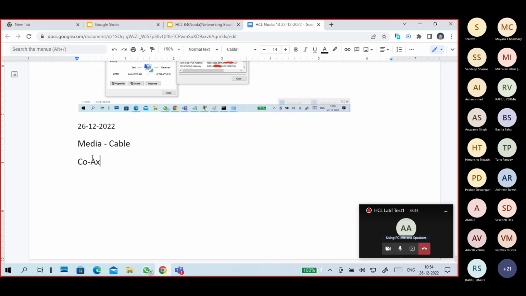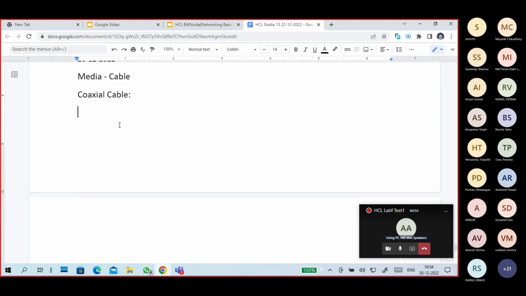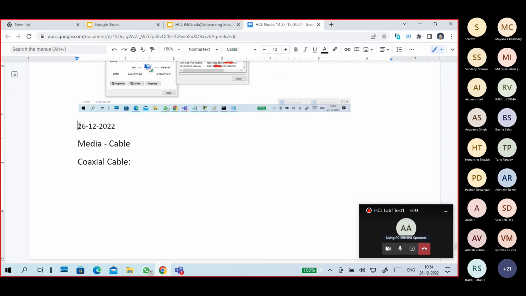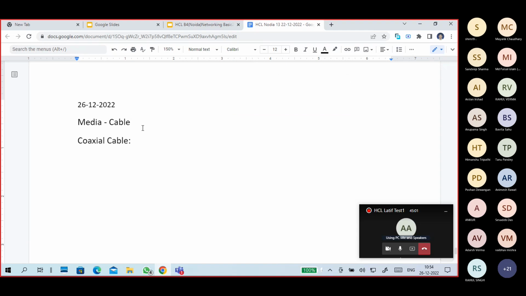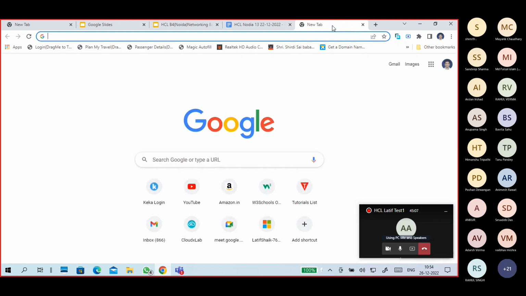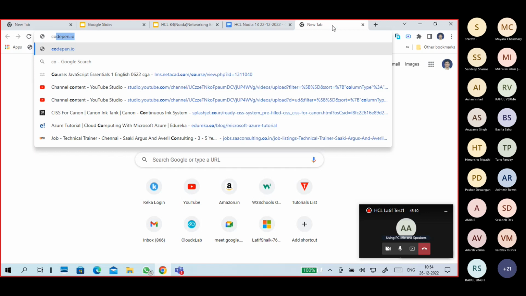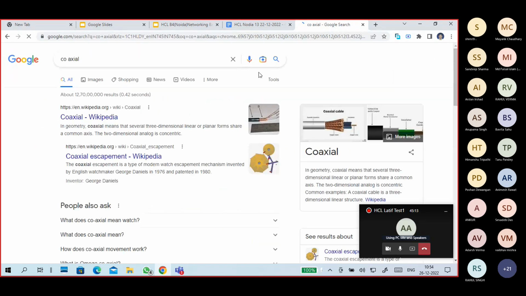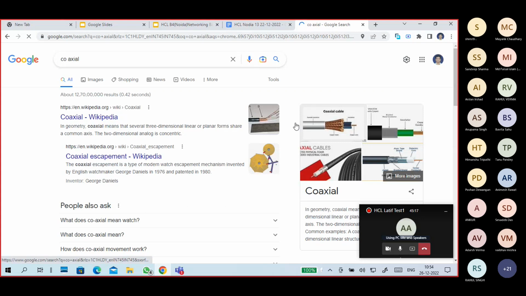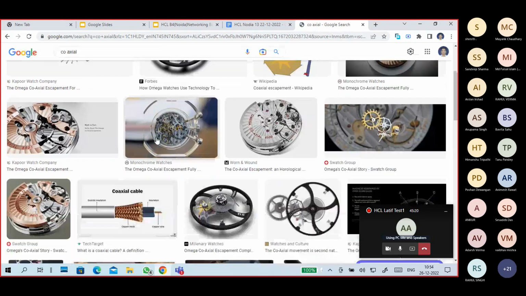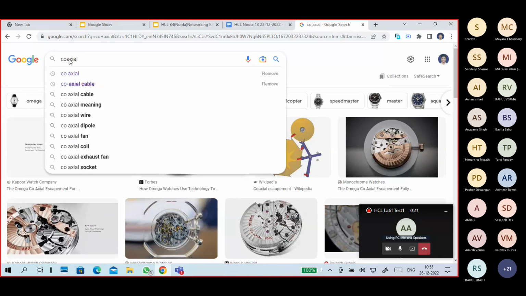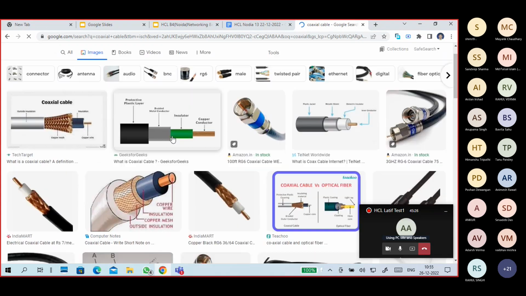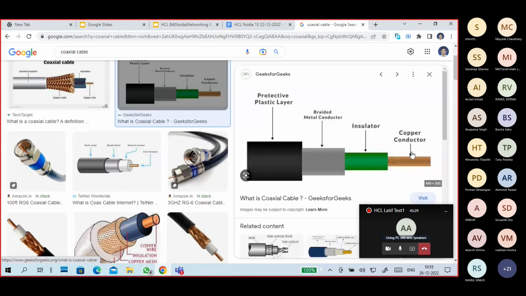We'll come to the cables, guys. The first cable is coaxial cable. So this coaxial cable looks like this. This is a copper conductor.